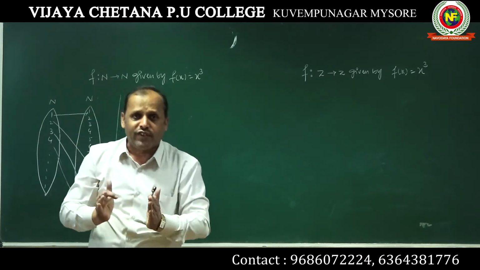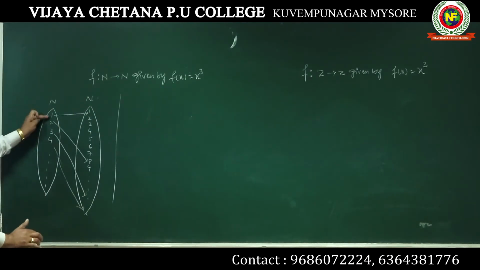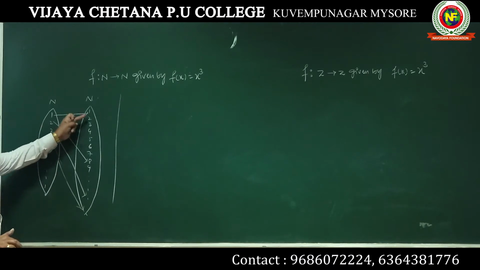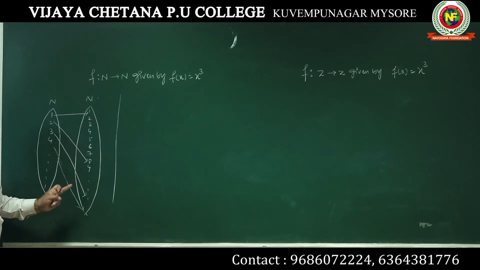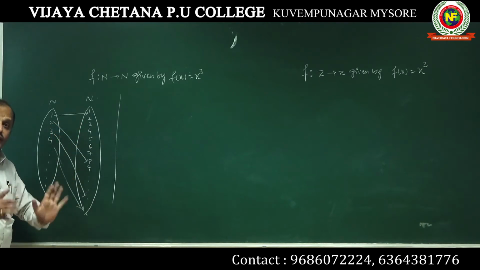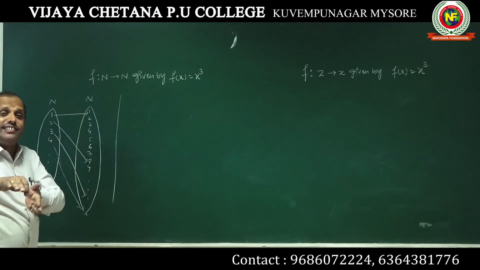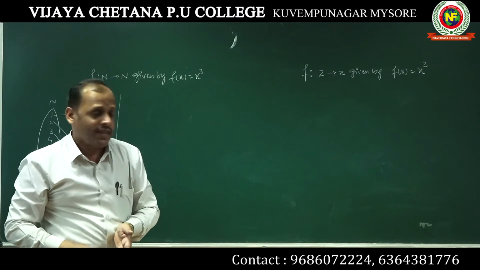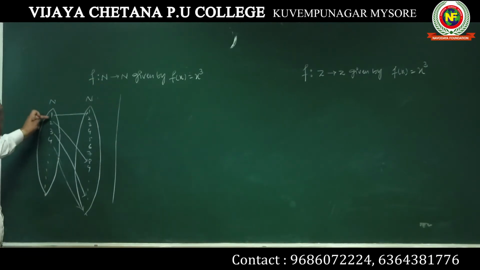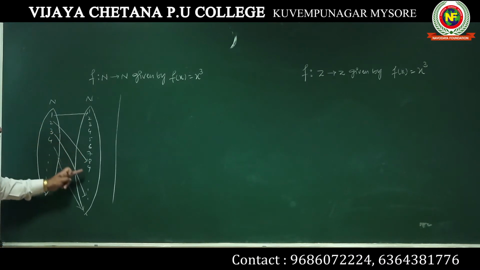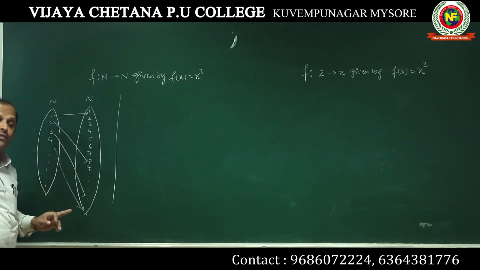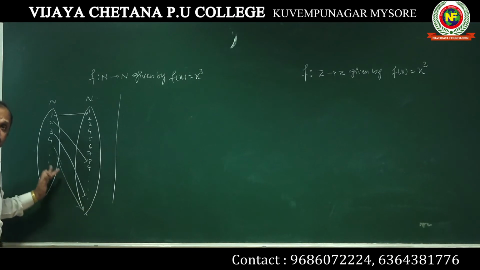What is the difference between 1-1 and onto? If all the elements in the first set have different images, it is 1-1. If all the elements in the second set are images, it is onto. Here each element has a different image: 1 cube is 1, 2 cube 8, 3 cube 27, 4 cube 64, 5 cube 125, 6 cube 216, 7 cube 343.